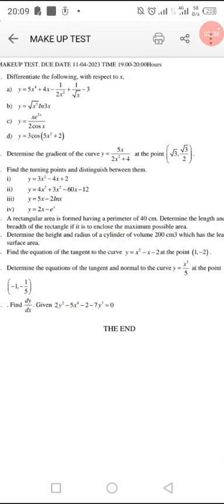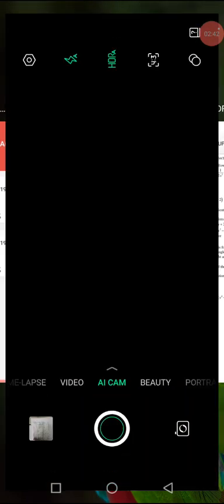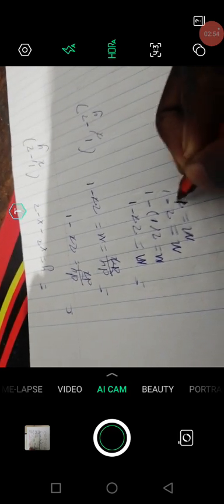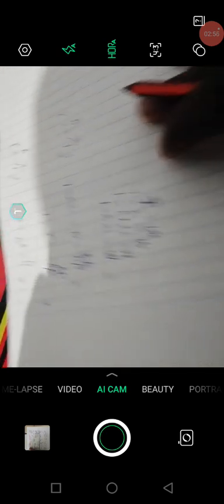Is it 1? Yes, it is 1 comma negative 2. So whatever is x, I put 1: 2 times 1 minus 1. So what is the gradient? It is 2 minus 1, so the gradient is equal to 1. Remember, the gradient does not get affected, right?